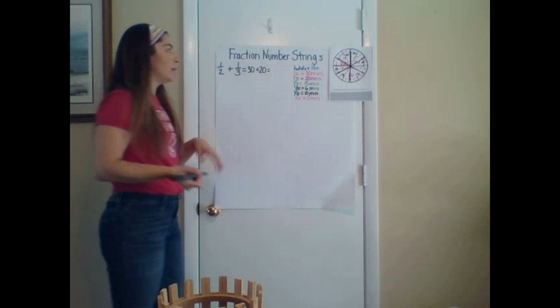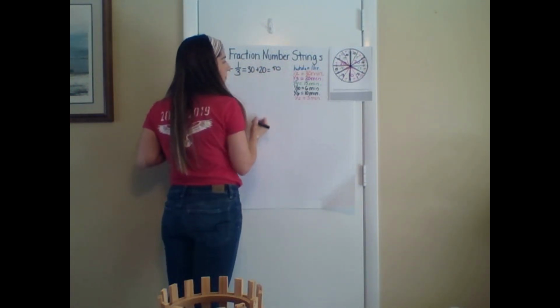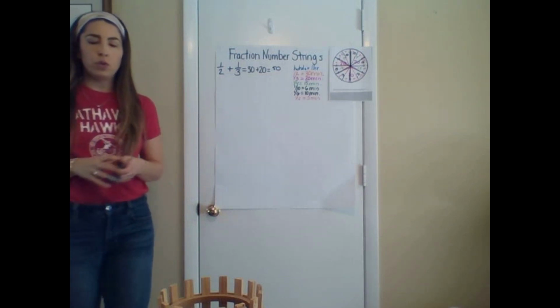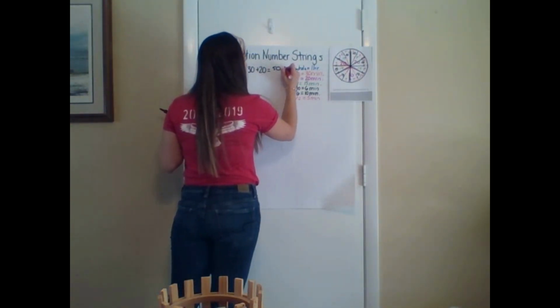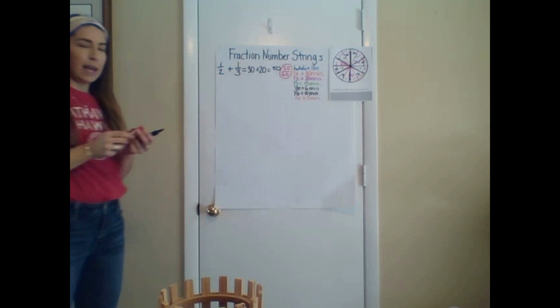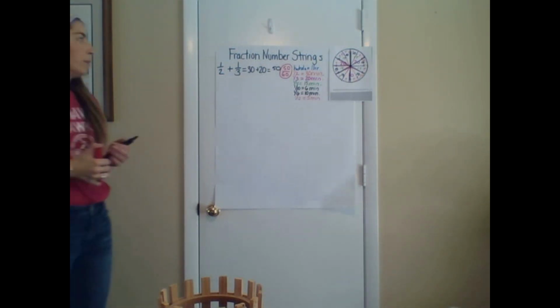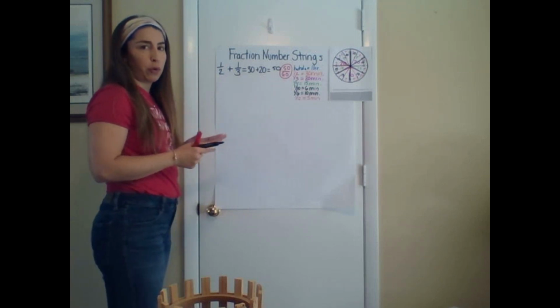If I add 30 minutes and 20 minutes, that equals 50. To change that into a fraction, it's going to be 50 minutes out of 60 minutes. And yes, you can reduce this, but we're going to leave it as is just for today.